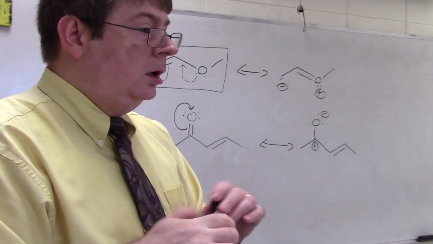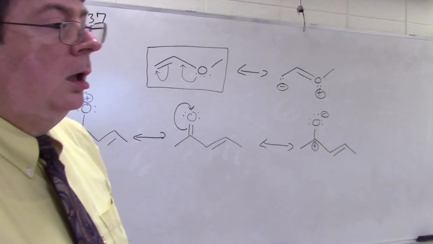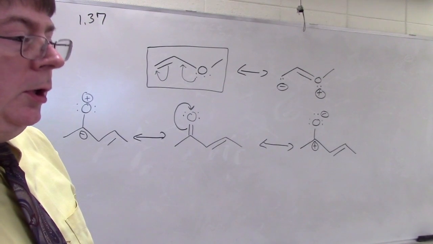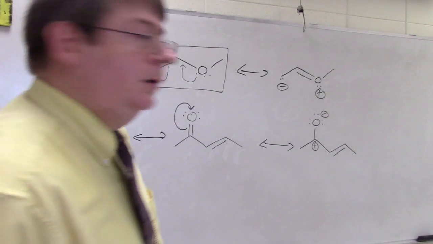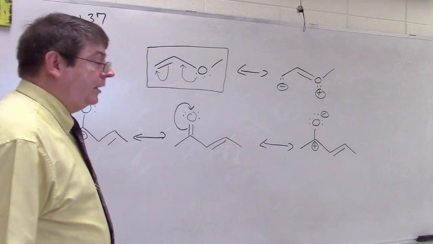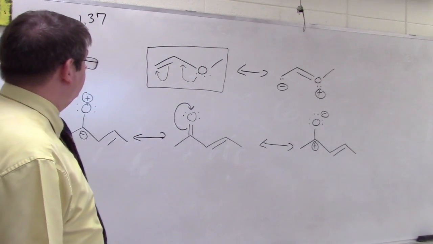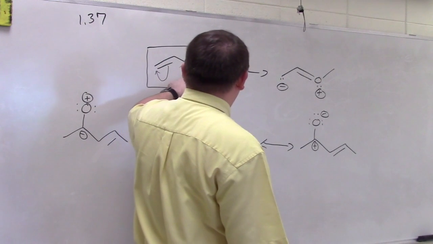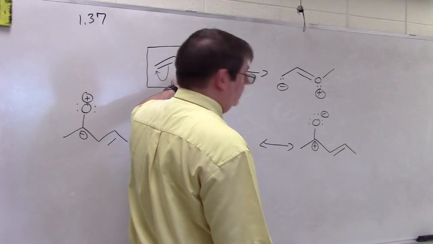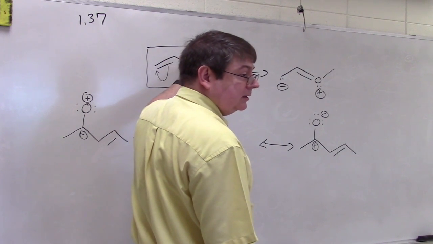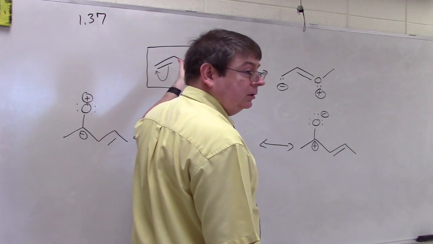Because oxygen is more electronegative. Very good. You always push your electrons to the more electronegative element, right? Why is it okay in the first one? Because you have your carbon negative and your oxygen positive. Well, if I push that way, I would break the octet. This is the only option to do it, right.